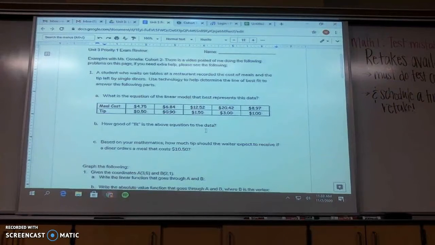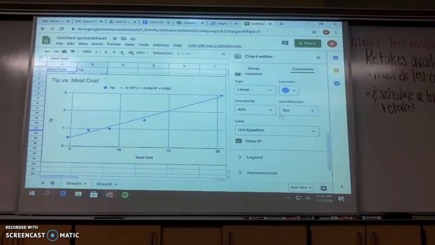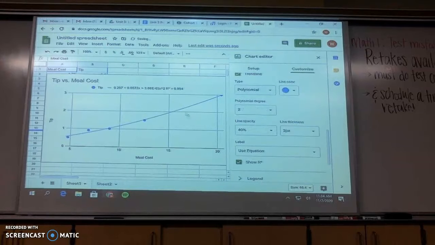Back at our information, I can come here where it says type. Linear means line. I'm going to drop that down and choose polynomial. Now that's going to make it a polynomial to the degree of 2, which is a quadratic. That gives me a new best fit line, the quadratic line that fits that data.